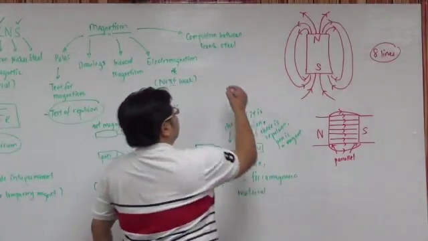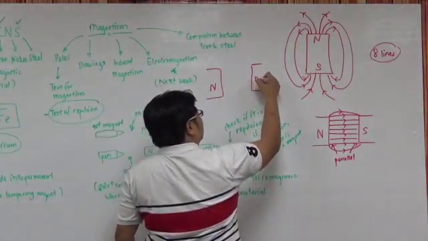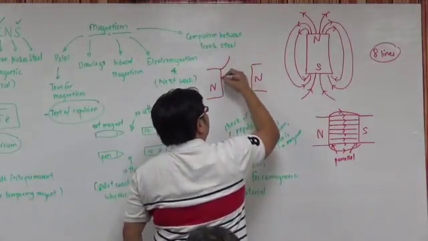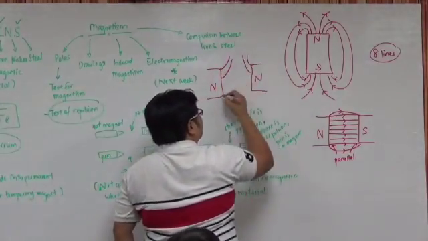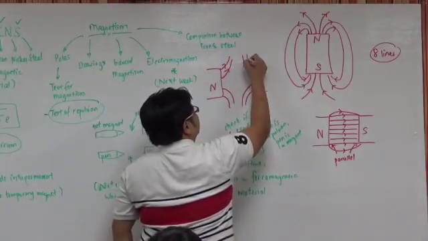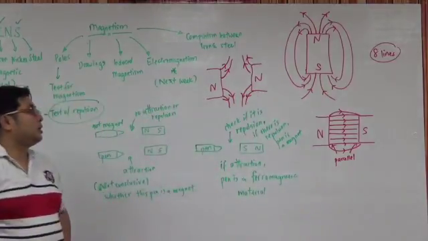What happens if it is actually a north facing a north? This is what you're supposed to draw. The lines will turn away from each other and they will not join together. It's the same for south and south.